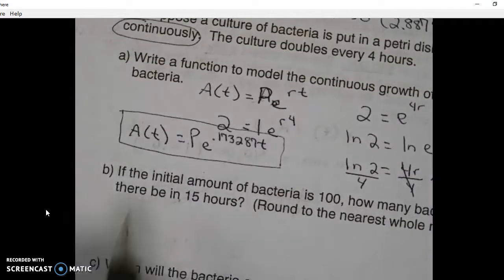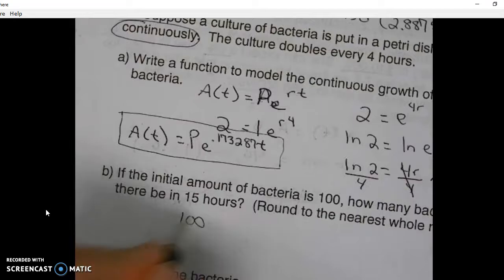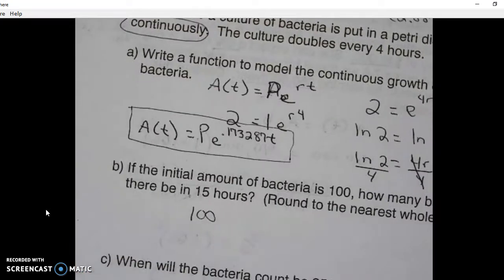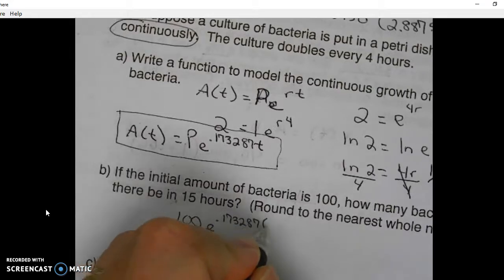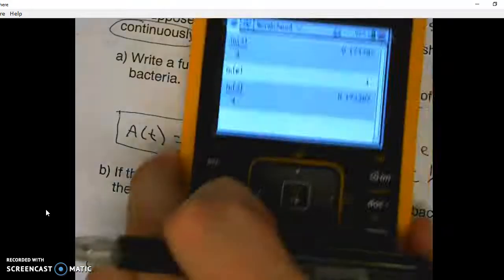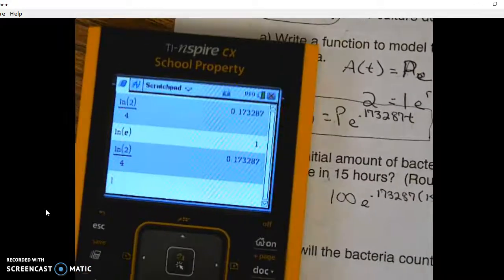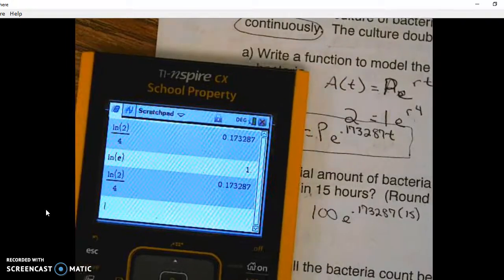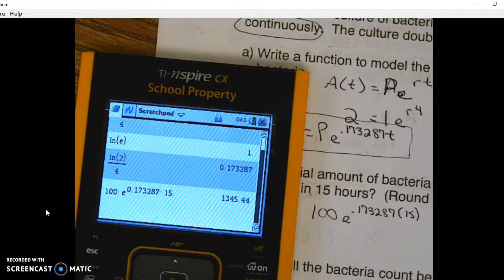All right. If the initial amount of bacteria is 100, so we put 100 in for P, how many bacteria will there be after 15 hours? So 100 times e to the rate times 15. Plug it into our calculator. 100 e, put all the decimals in, times 15.